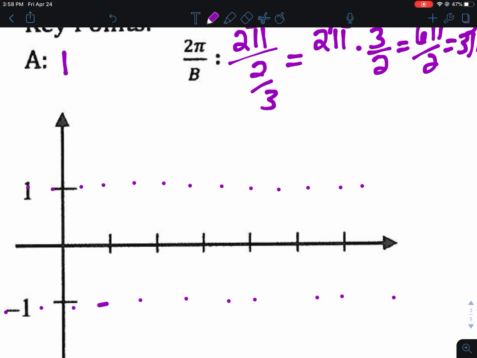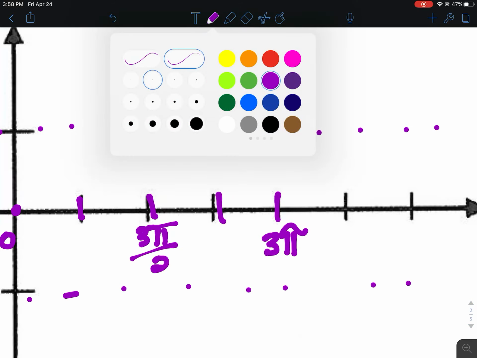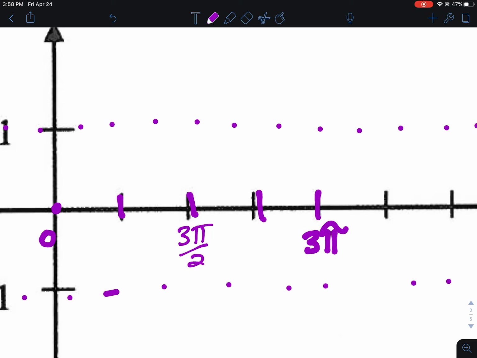So I'm going to go for still 4 tick marks. And that fourth one I'm going to label as 3 pi. The first one is obviously 0. Halfway between 3 pi and 0 is 1.5 pi, or you could do 3 pi over 2 if you'd like. And then you could label in between, so between 1.5 and 0 is going to be 0.75, or 3 pi over 4, right?